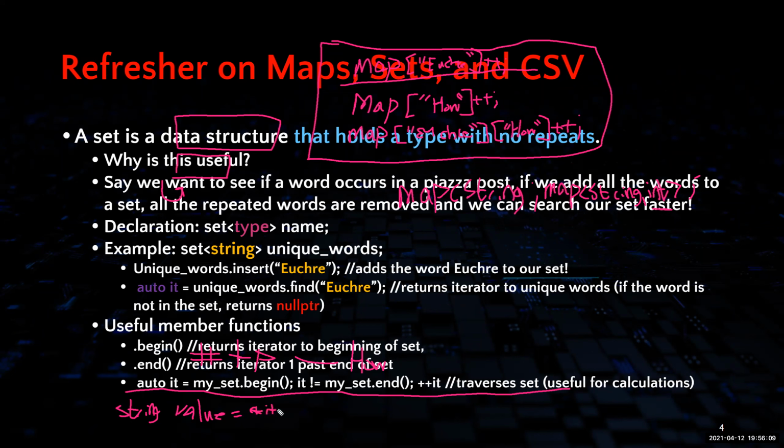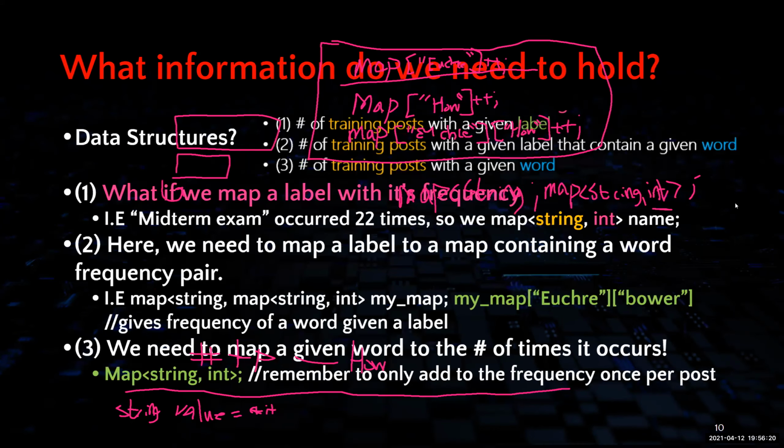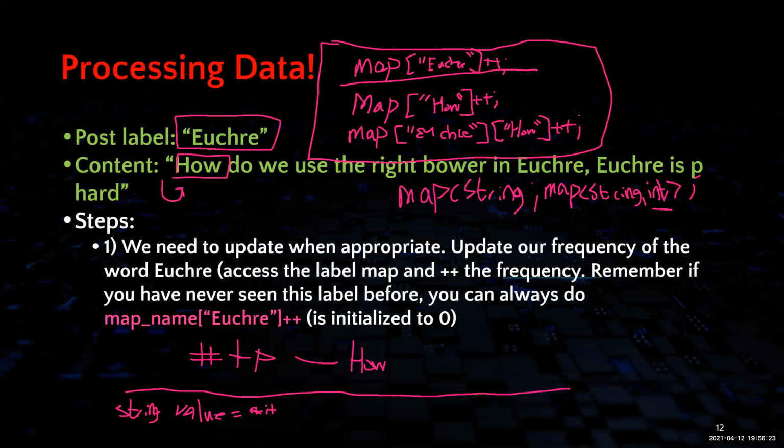Since our set contains strings, if I dereference this, that'll give me the value of the string, so that'll give me the word how. Then if I increment my iterator, it'll go to the next word in our post. I'd then go to the word do and do the exact same thing. I'd access the word do in our iterator, set value equal to it, and update these two maps. I'd put in the value, which is now do, and then put in the value do for this. Euchre wouldn't change, obviously, because it's the same post, but the idea still holds.